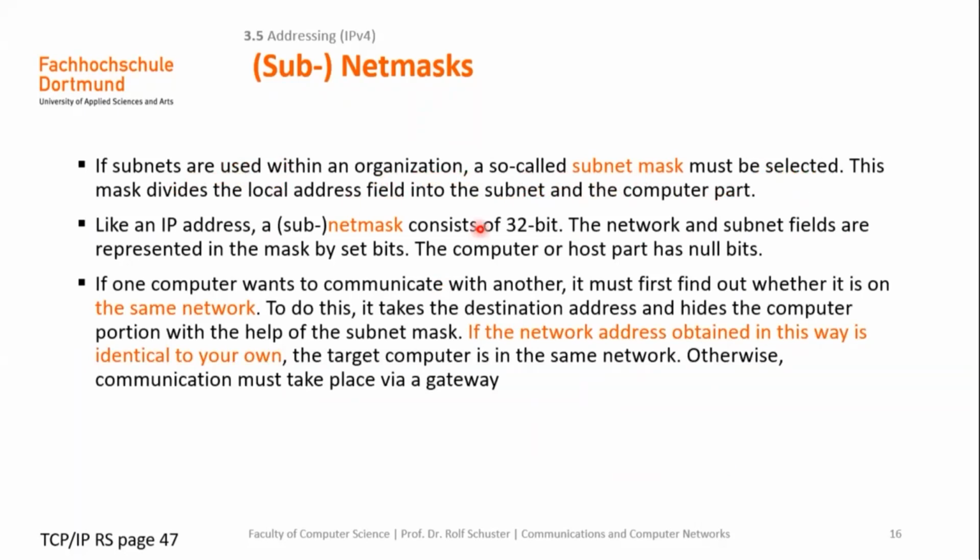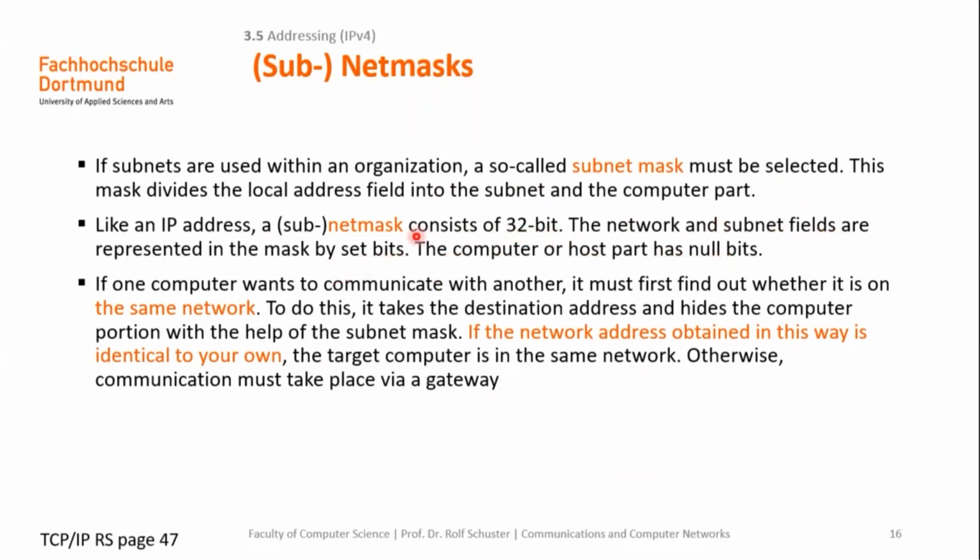The net mask consists of a 32-bit number, and the network and subnet fields are represented in the mask by set bits, and the computer or host part has null bits.